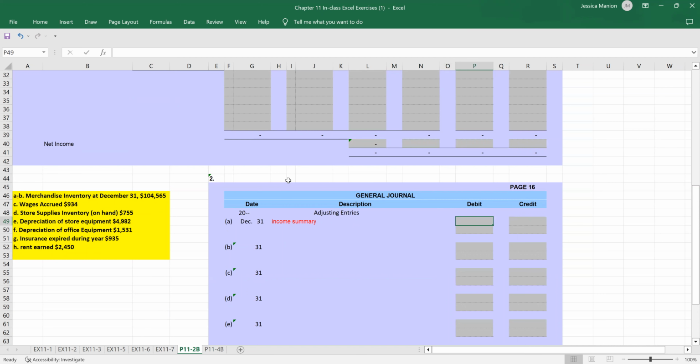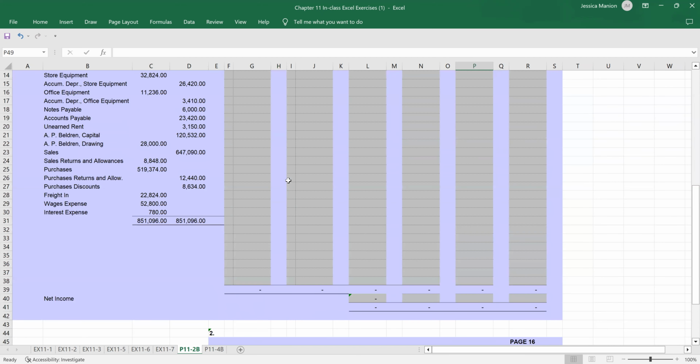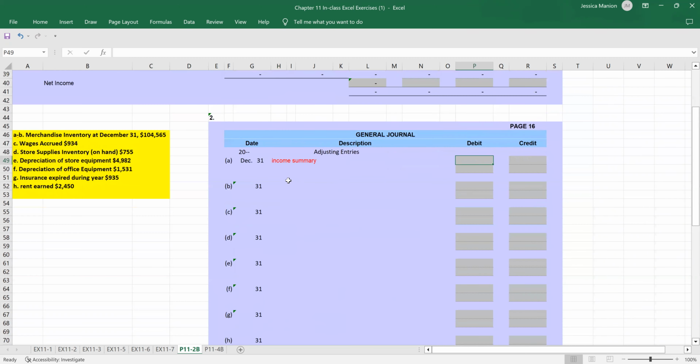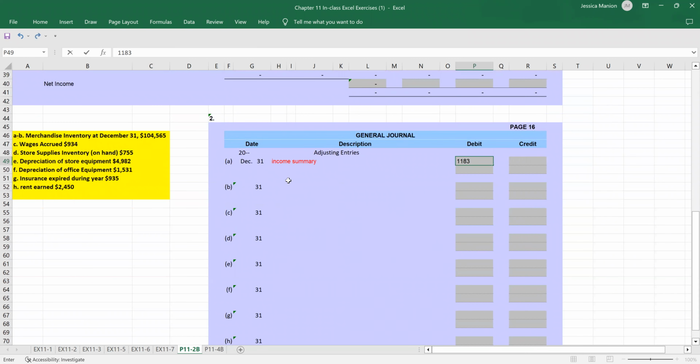I already forgot the amount: 118,628. We credit merchandise inventory 118,628. Okay, so that's zeroing out or closing out that beginning balance.